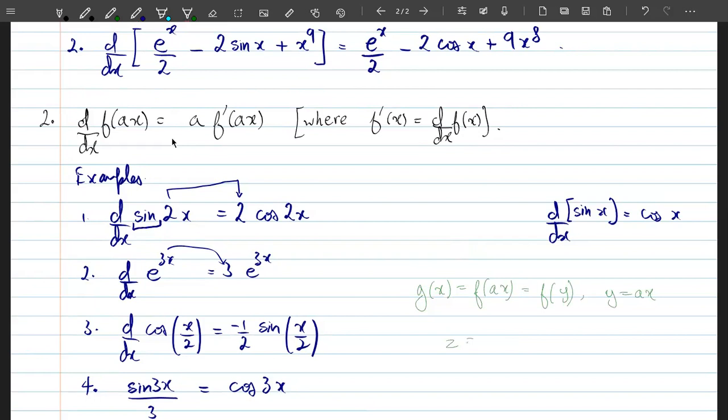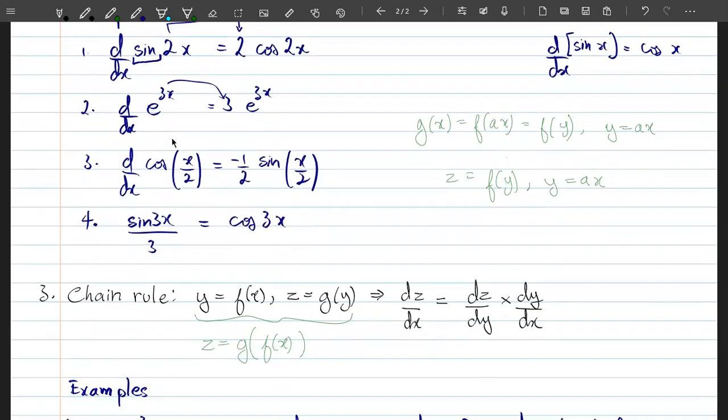So you have z equal to f of y, that is this g of x is f of y, and y is ax. So according to the chain rule, what should dz by dx be? dz upon dy times dy upon dx. Now dz upon dy is f dash of y.